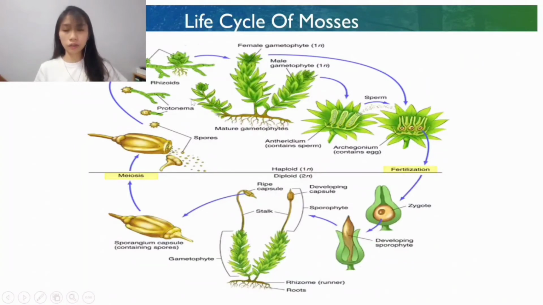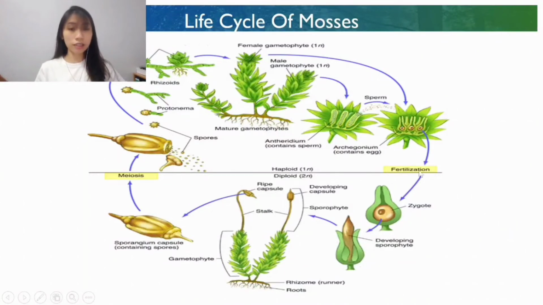So I would like to start from here, which is the protonema. Protonema is the gametophyte, as I mentioned in the slide before. It will produce upright leafy shoots and sprout rhizoids. These leafy shoots can either bear antheridia or archegonia. Antheridia will contain sperm, and the archegonia will contain egg.